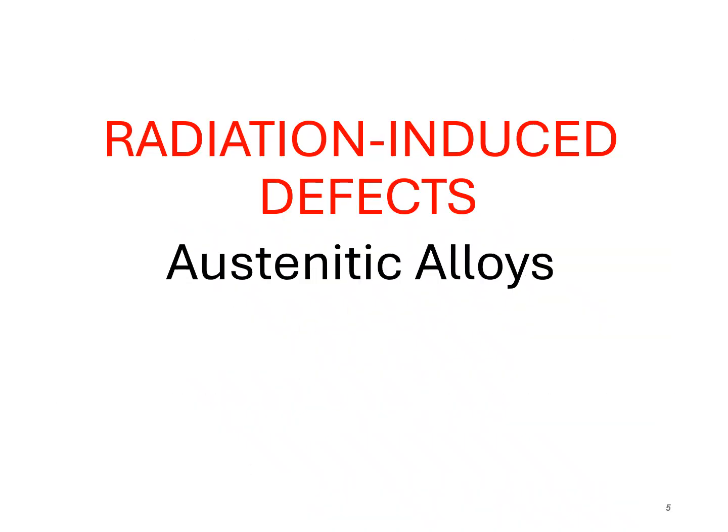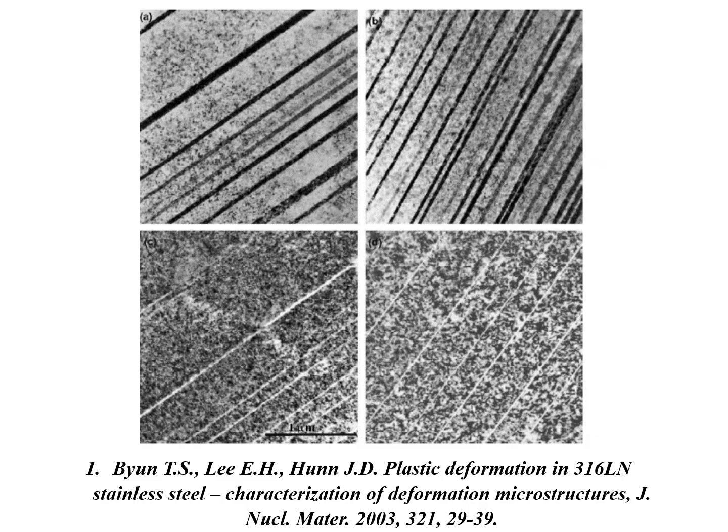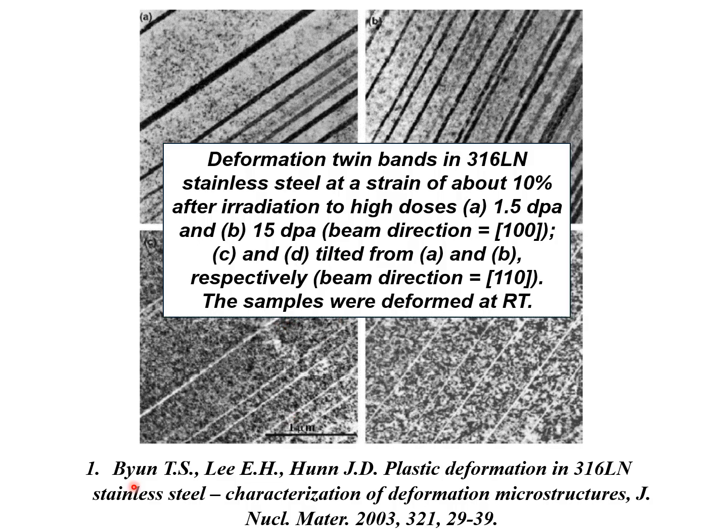And for that, I'm just going to talk about radiation-induced defects in austenitic alloys. So what we have here in T.S. Björn's work is actually examples of twins in irradiated steel, 316 low nitrogen steel, and these are actually twin bands.